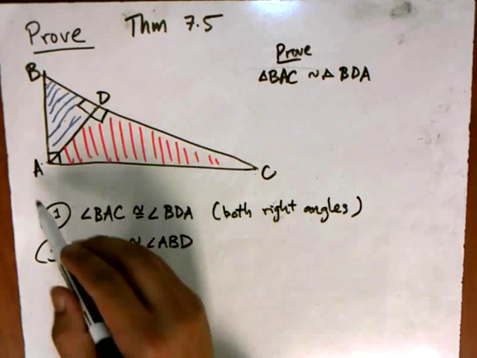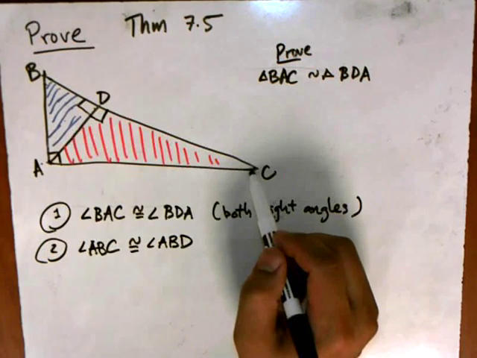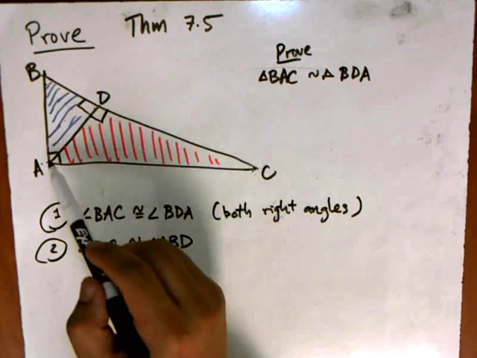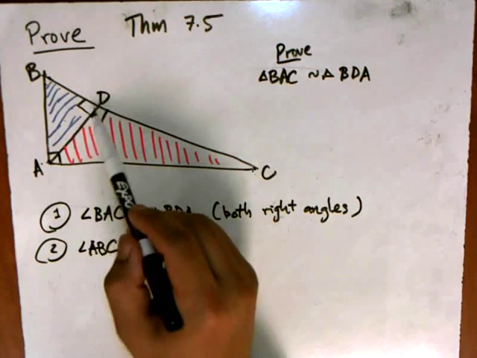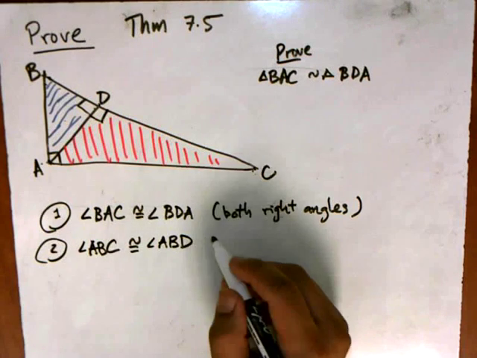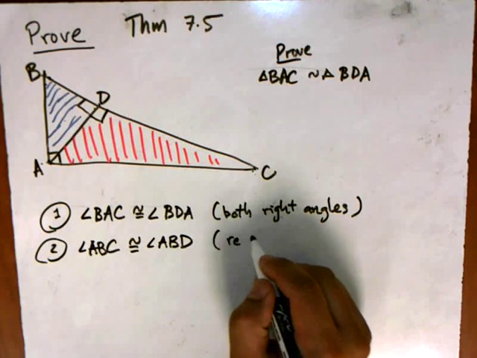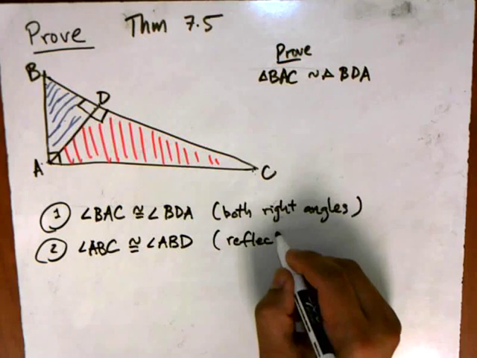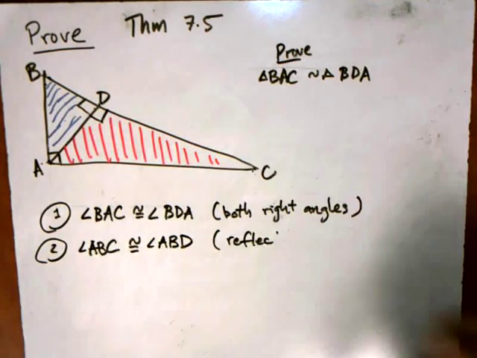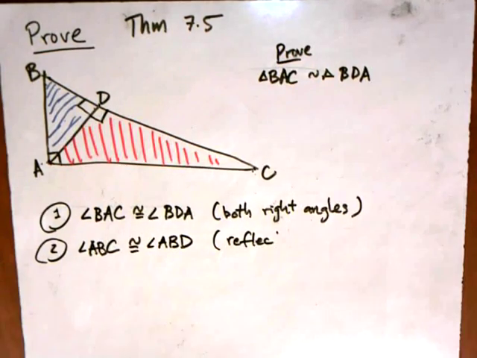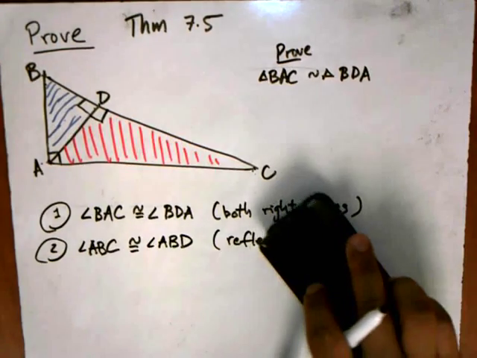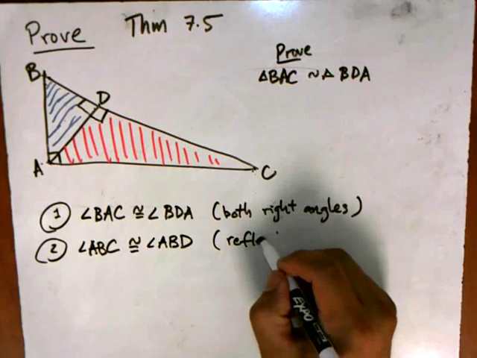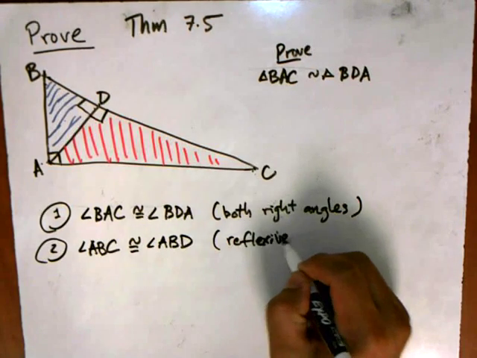So ABC is part of the big triangle, and then ABD is part of the small one, the one that's shaded blue here. And this is reflexive. They're just really the same angle, just named a little bit differently. This is the reflexive property, not the reflection property.